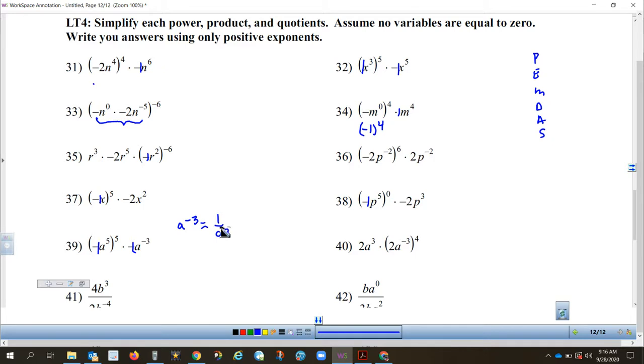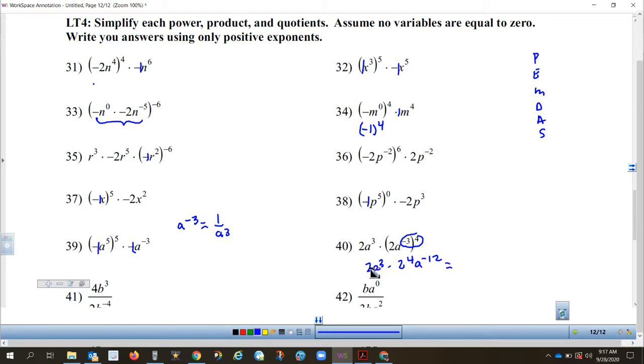So if you have a negative exponent on the top, you move it down. Okay, in a case like this, if we did the first part, we'd get 2^4 a^-12, right? So then over here, we would have 2a^3. By the way, 2^4, excuse me, 2 times 2 times 2 times 2 is 16, right?